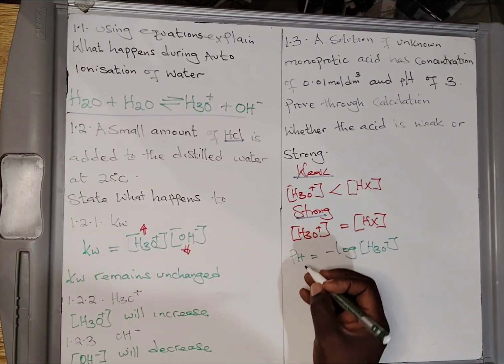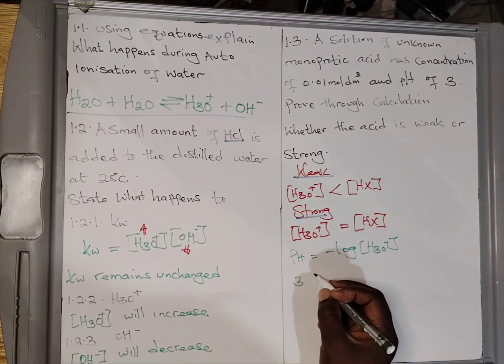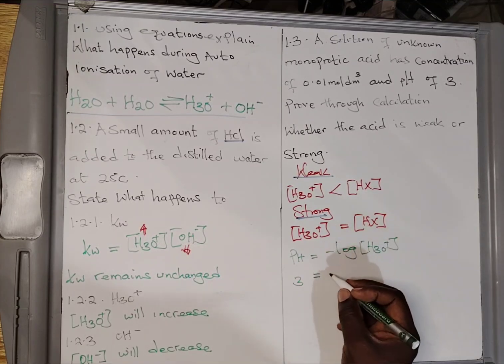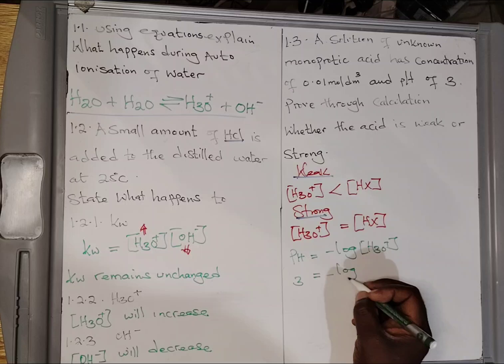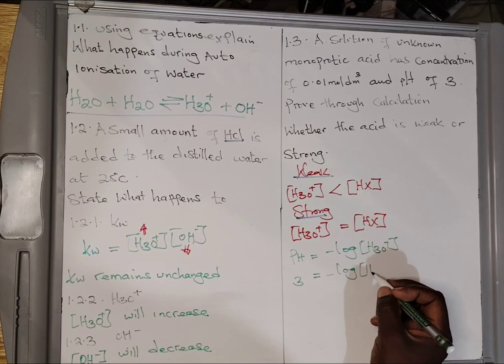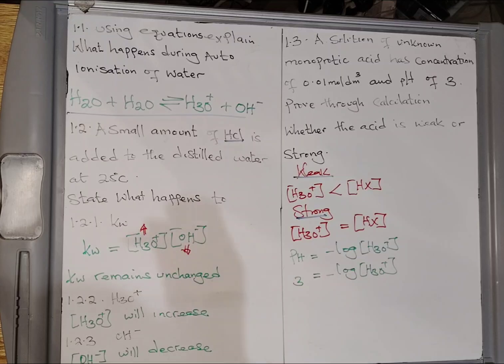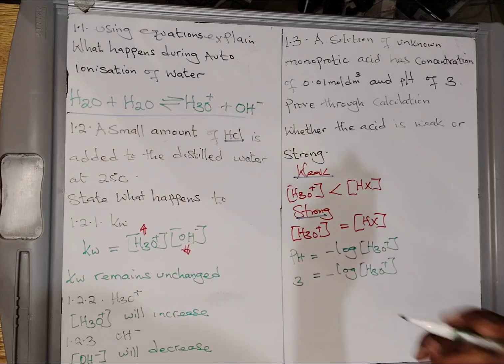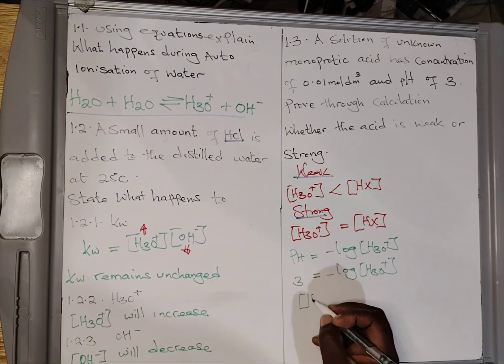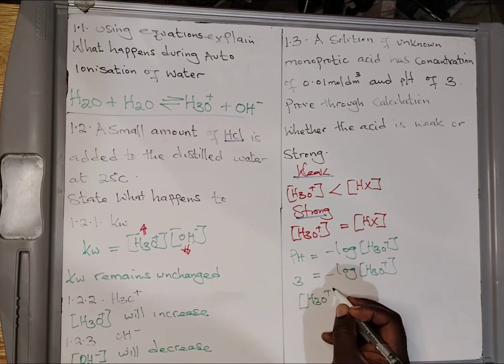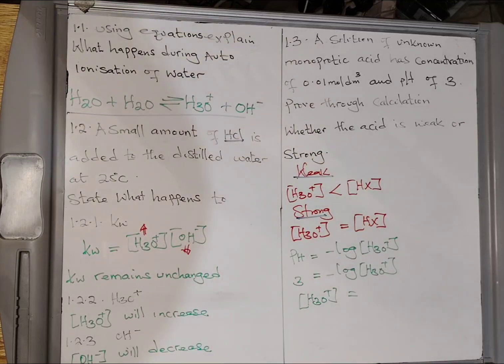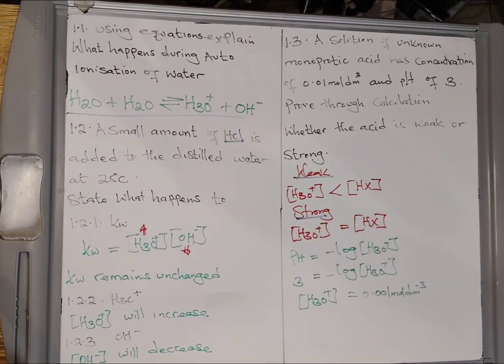From here, we know our pH is 3. And you have negative log of the hydronium ion concentration. So from here, we can just press the calculator and get the hydronium ion concentration.